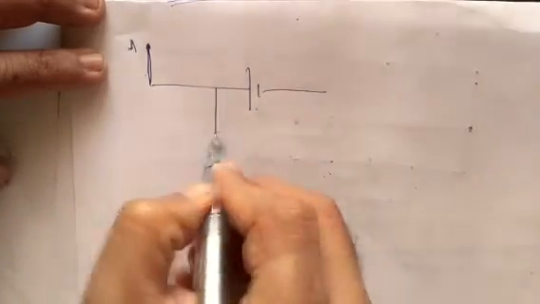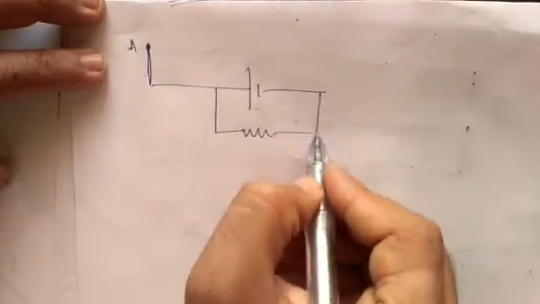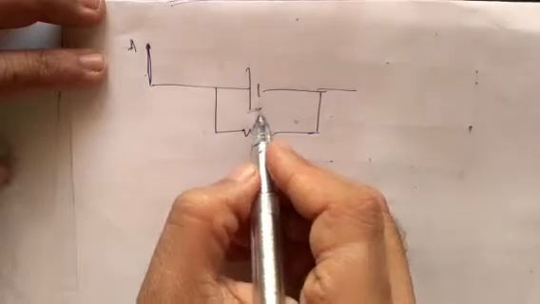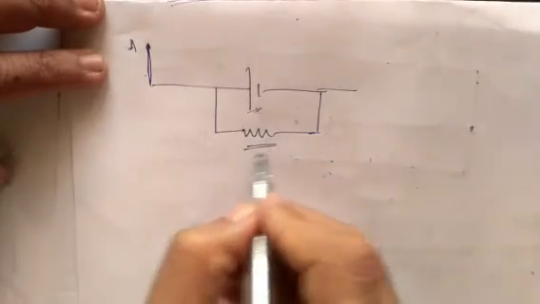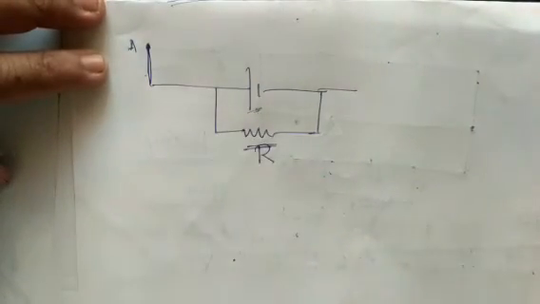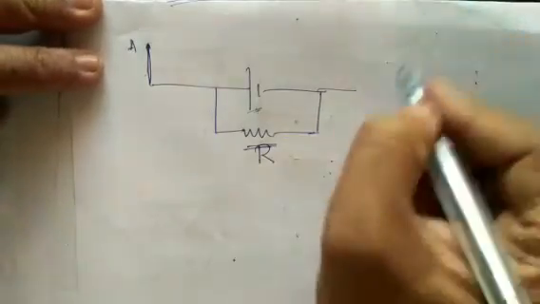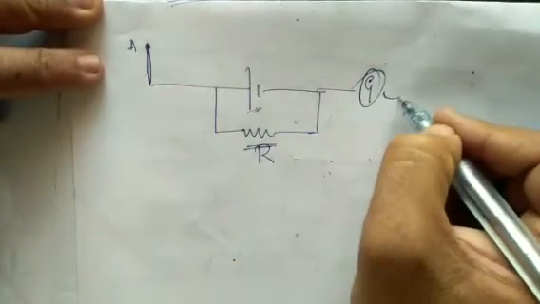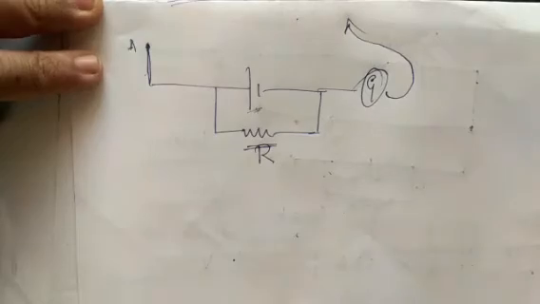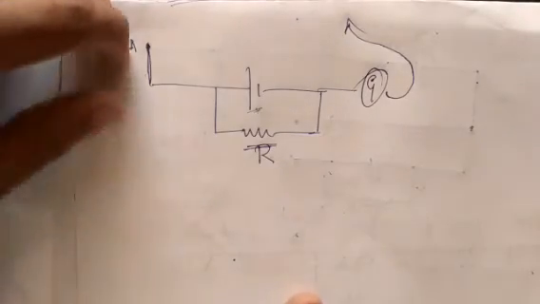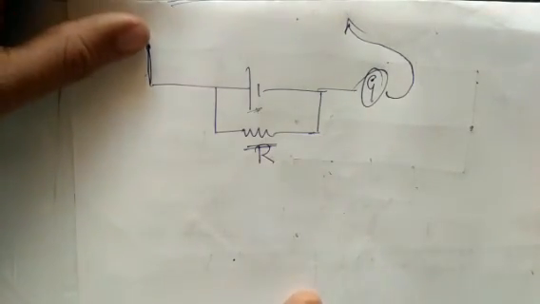This is a particular external resistor which is connected in parallel to the EMF of the cell, so it is in parallel combination like this. Now this is a galvanometer, and we observe a jockey connected to the other end of the galvanometer like this.